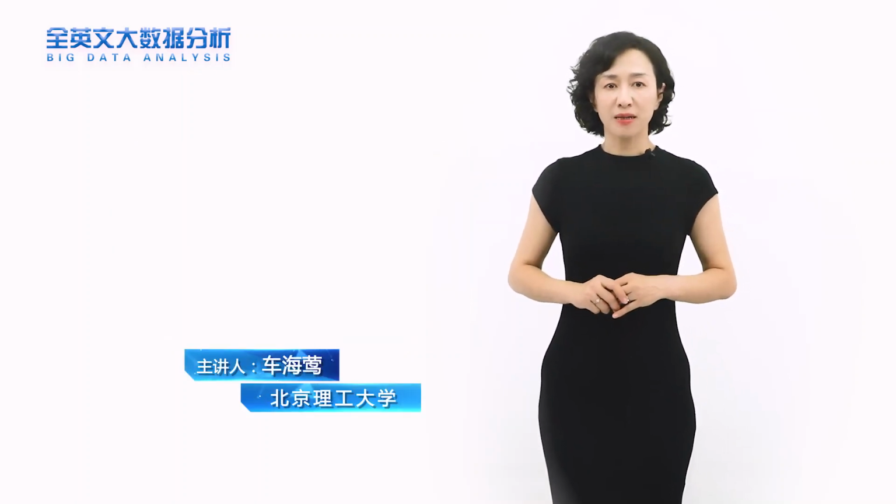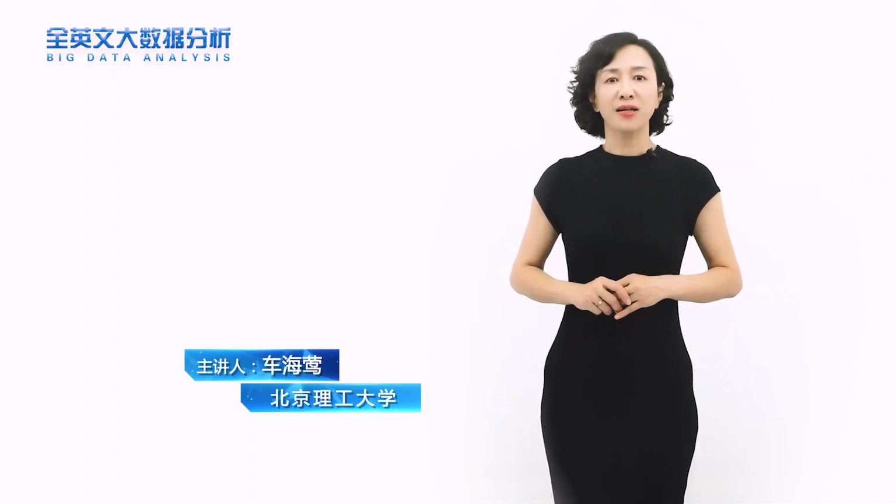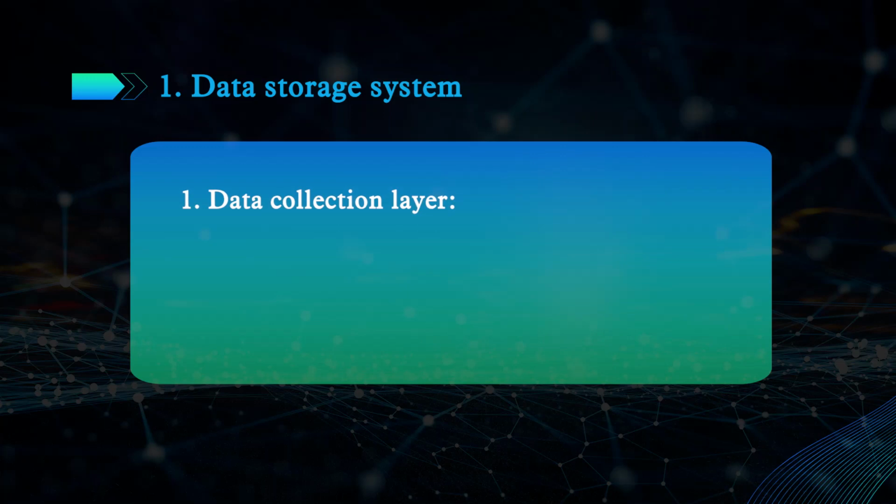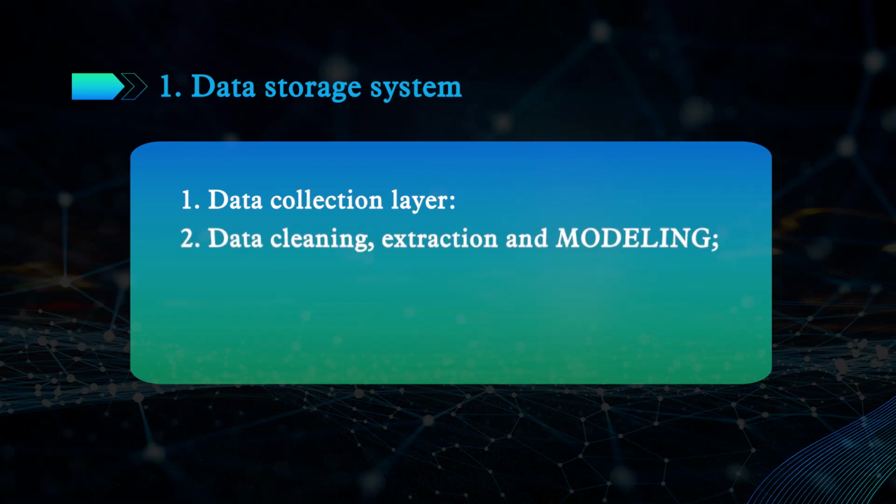The data storage system could include several parts. First, the data collection layer: system logs, web crawlers, wireless sensor networks, Internet of Things, and all kinds of data resources from which we can collect data. Second, data cleaning, extraction, and modeling.